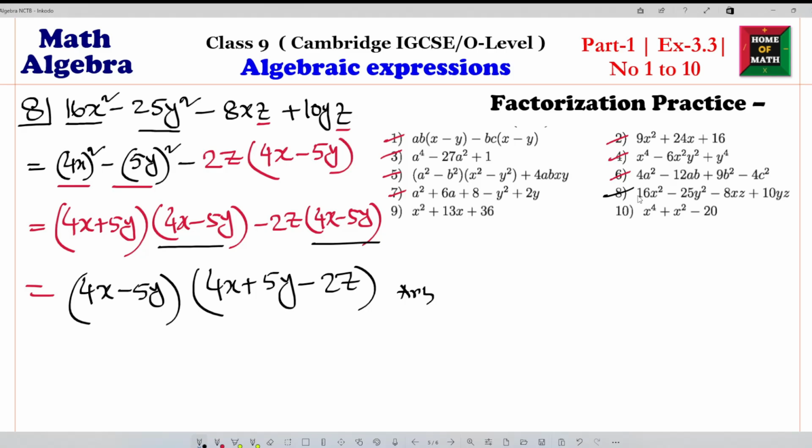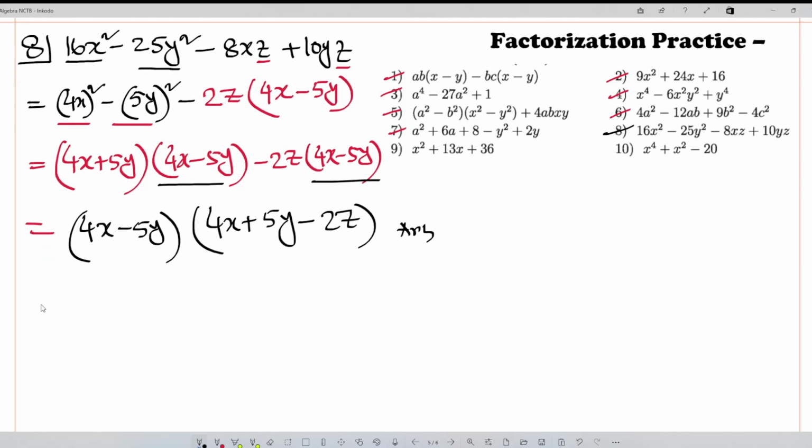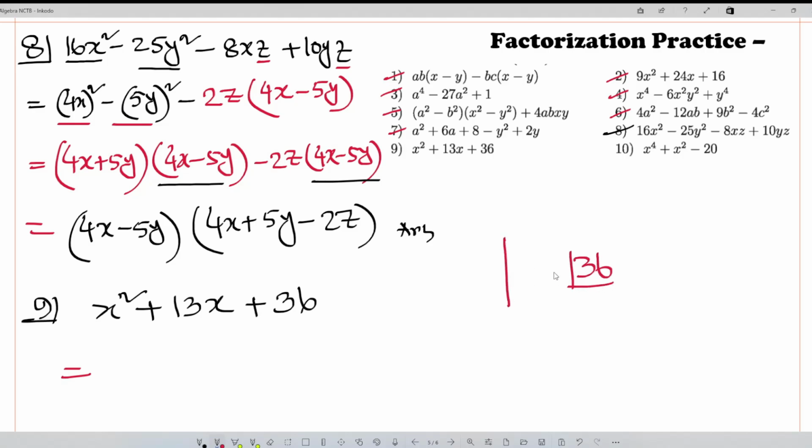So number 8 done. Now number 9: x² + 13x + 36. What can we do? We can make middle term factor. Suppose 36 divided by 2 is 18, divided by 2 is 9. Now look, 4 times 9 is 36, and 4 + 9 equals 13.